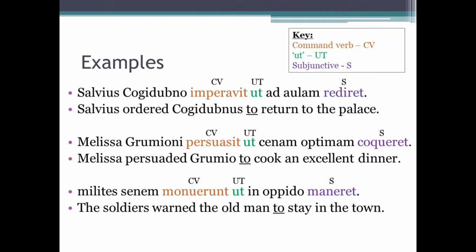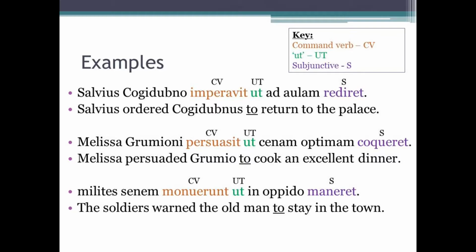Melissa Grumioni persuasit ut cenam optimam coqueret. Melissa persuaded Grumio to cook an excellent dinner. Milites senem monuerunt ut in oppido maneret. The soldiers warned the old man to stay in the town.